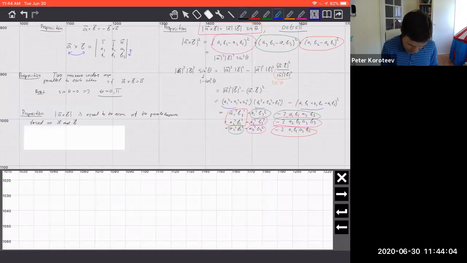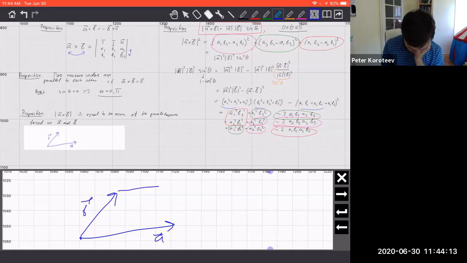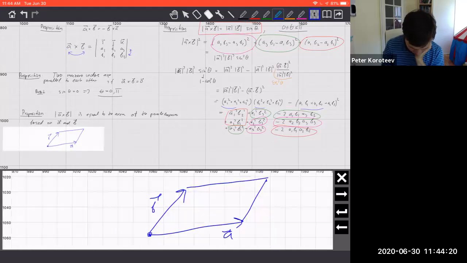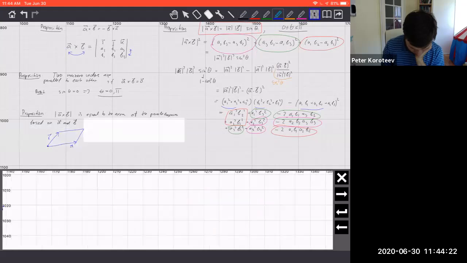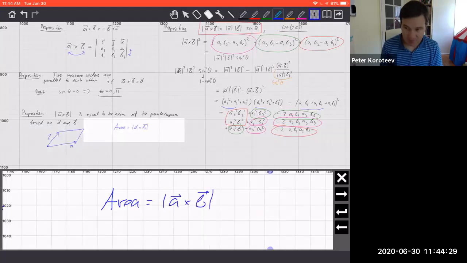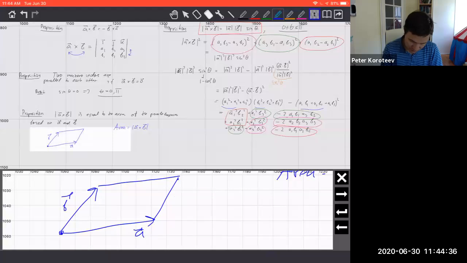Meaning the following: if you put these vectors A and B together, you would complete a parallelogram, and the area of this parallelogram is the absolute value of A cross B. The proof is pretty easy.